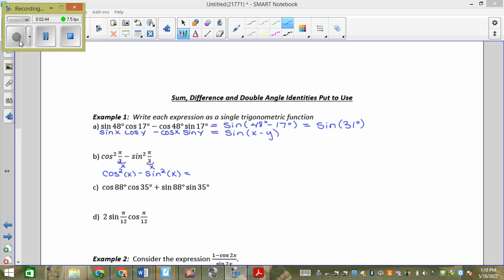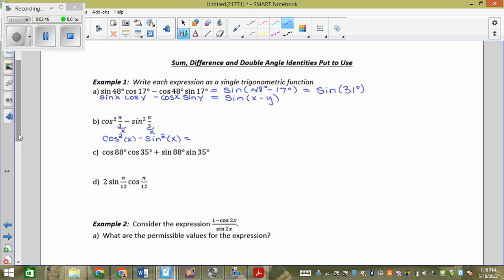Does that match any formula on the formula sheet? Which one? Cos 2x. This is just the formula for cos 2x. We agree? So then this cos squared pi over 3 minus sine squared pi over 3 equals cos 2, but instead of x, I'm going to put pi over 3.